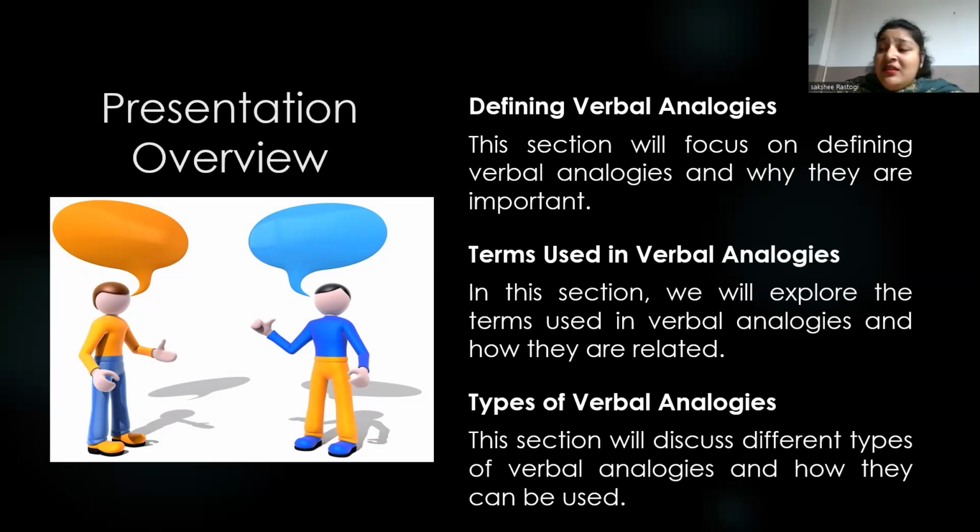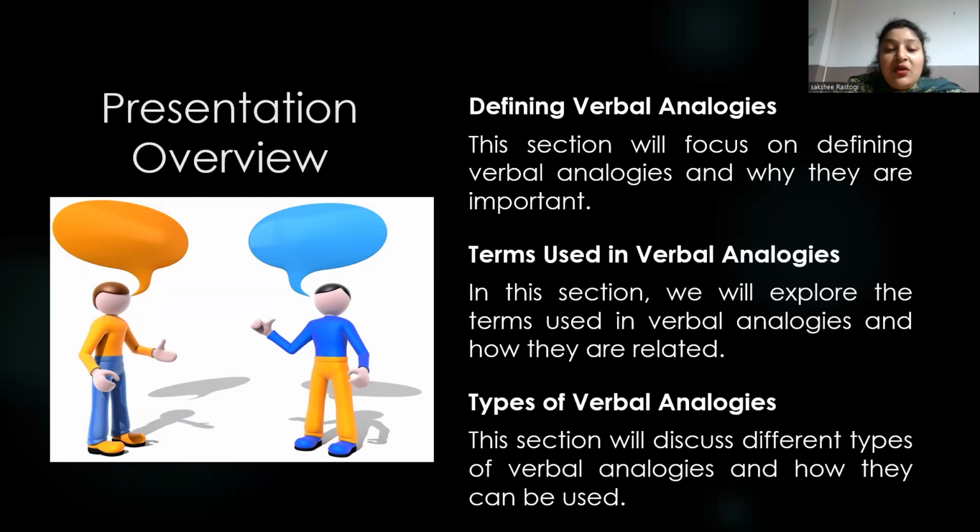The typical format of a verbal analogy is A is to B as C is to D, where A and B are related in some way and C and D are related in the same way as A and B.